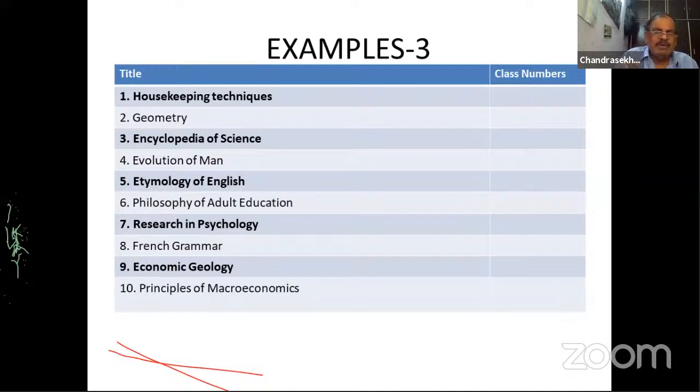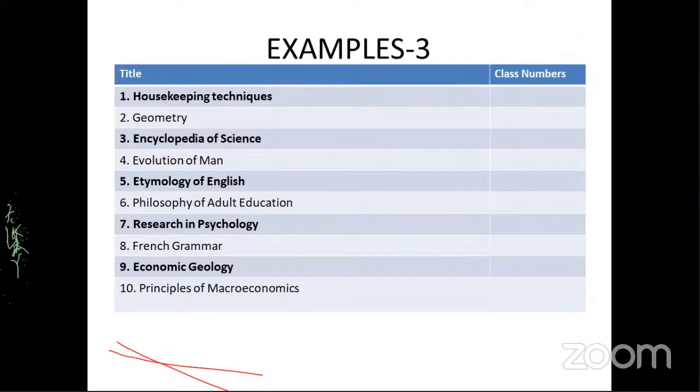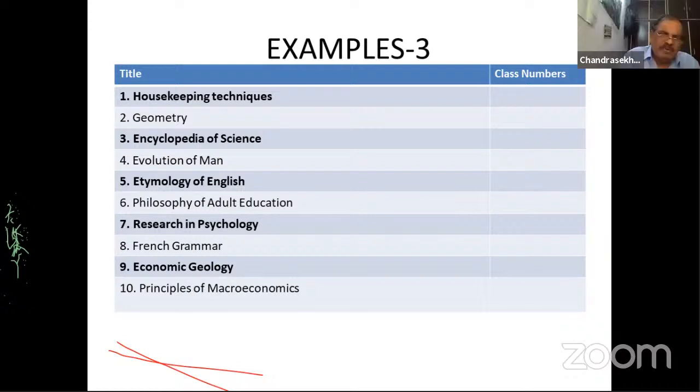So if you want to give a number for etymology of Telugu language, you know the Telugu language number, 494.827. Then you have to add 2. You add 2 for etymology from table 4. That is the way they build the number.